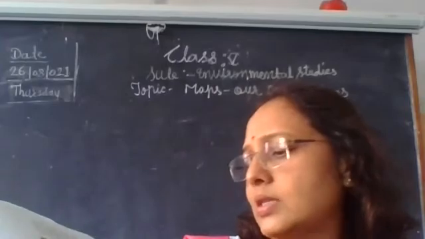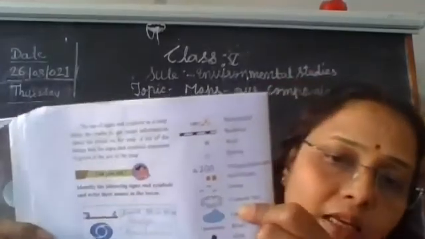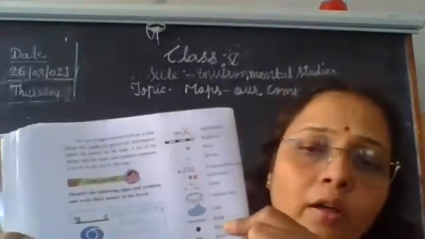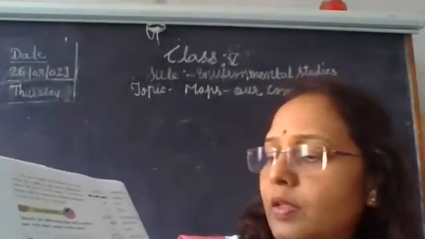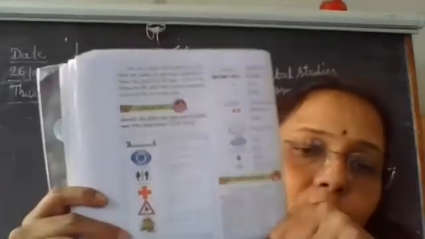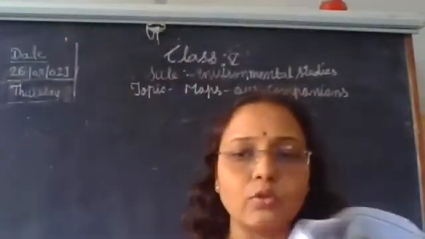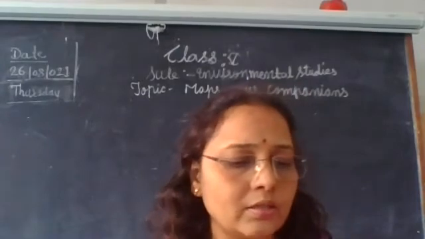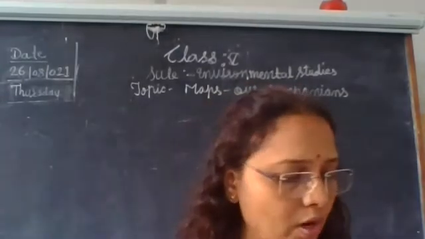Another is the grass, contour line. Then lakes, road, mine, and reserve forest. So these symbols are used to locate a place on the map. So these are the various symbols.